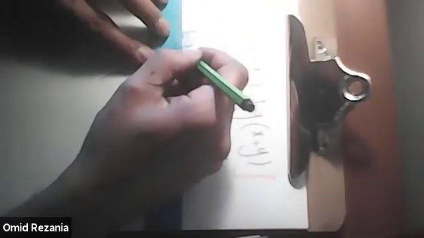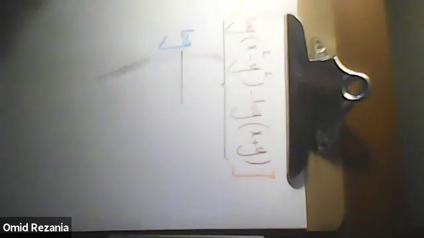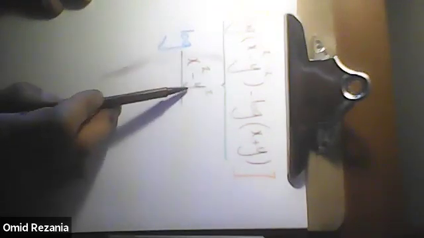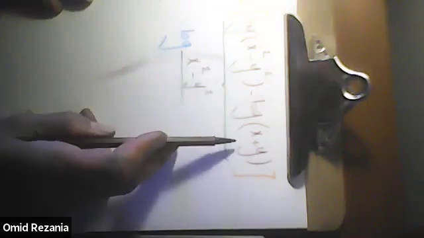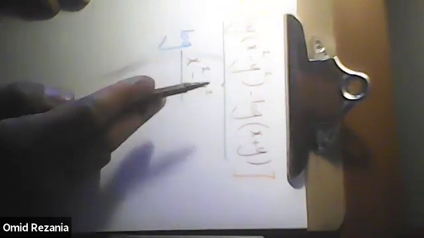X squared minus y squared and x plus y, correct? What am I going to do? I'm going to simply divide them to find the ratio. It's x squared minus y squared. The numerator is always the function which comes first. The denominator is the function which comes last. Make sense?